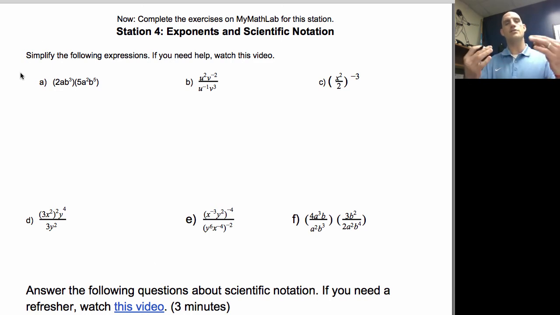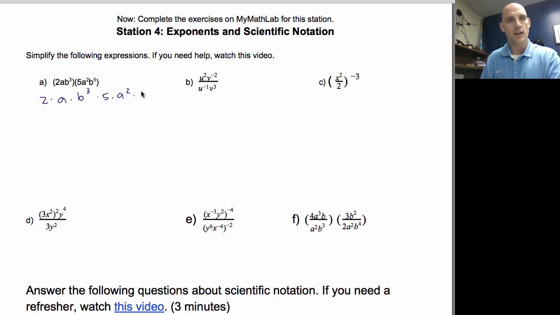The key to doing exponents is to remember that when you're multiplying, because essentially this is all just multiplying, the commutative property says we can move all of these elements around and put the terms that go together. So for example, this is 2 times a times b cubed, and then times 5 times a squared times b to the 5th.